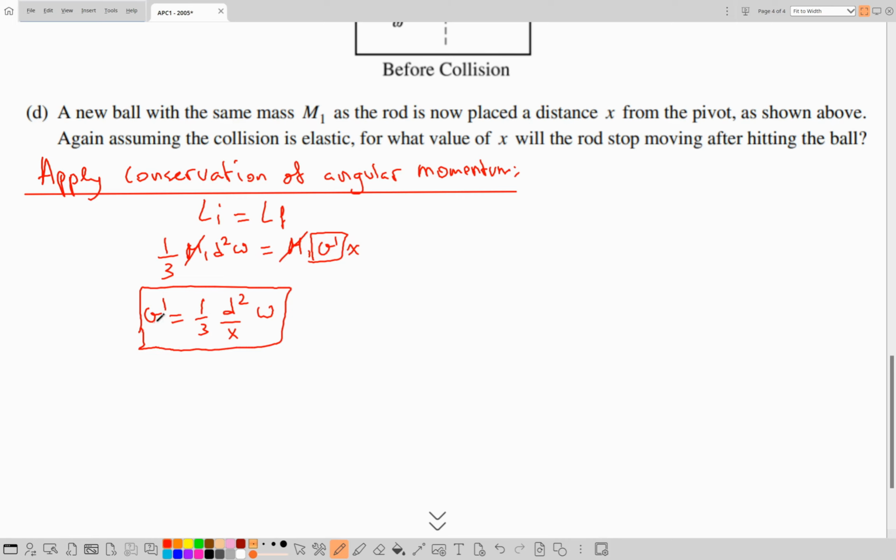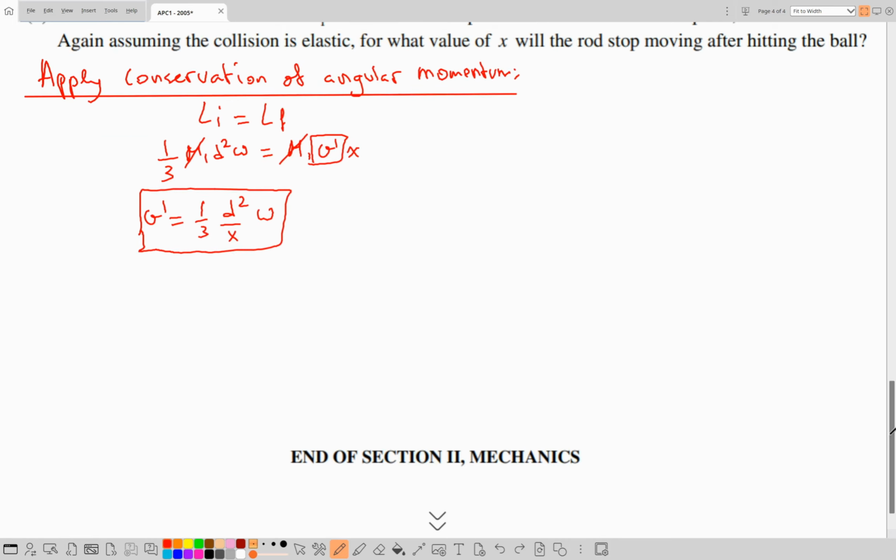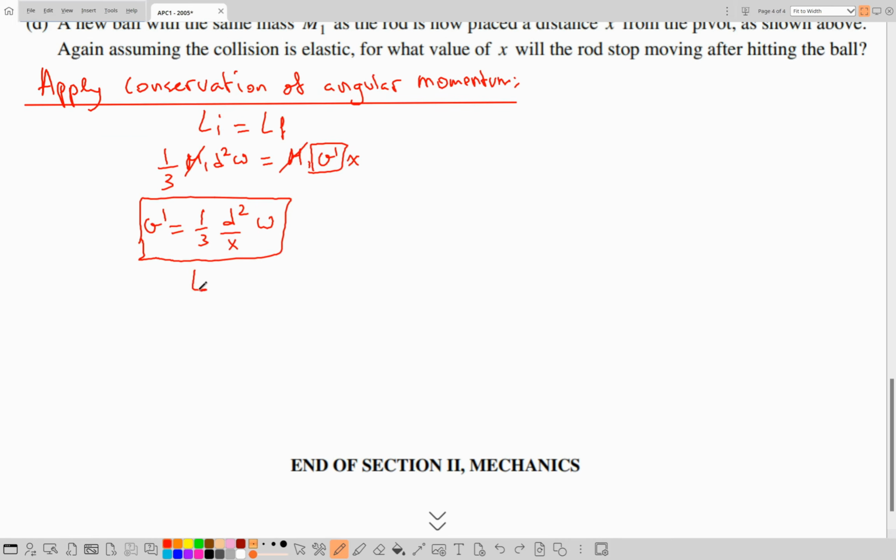Now in order to proceed we need to use the fact that the collision is elastic, which means kinetic energy initial is equal to kinetic energy final, and that would be half I omega square is equal to half m1 v prime square.